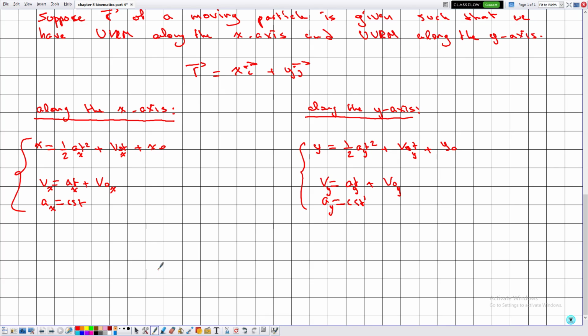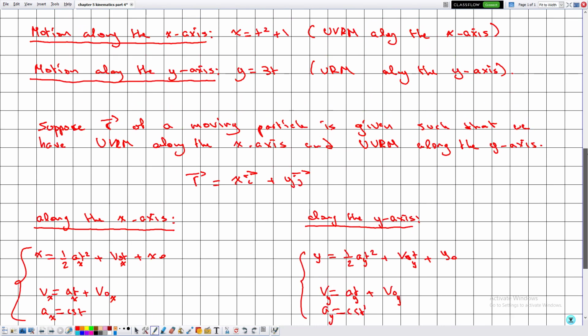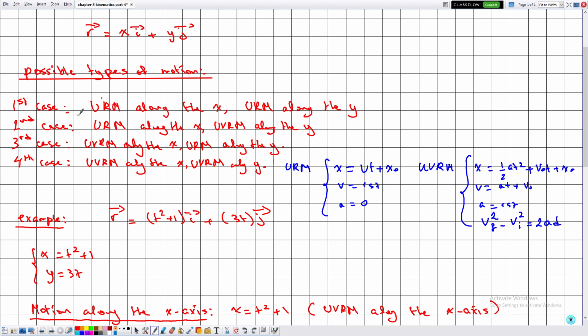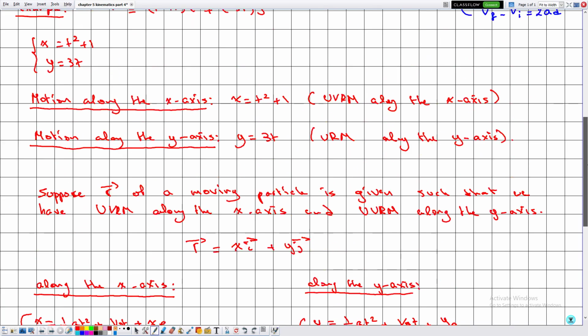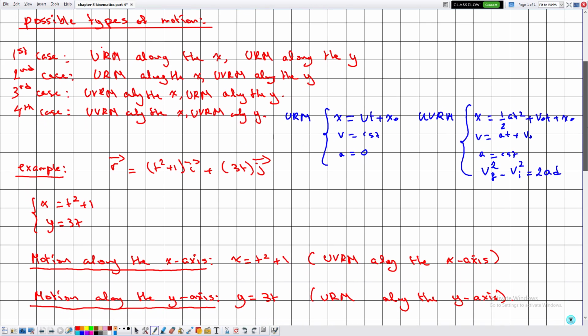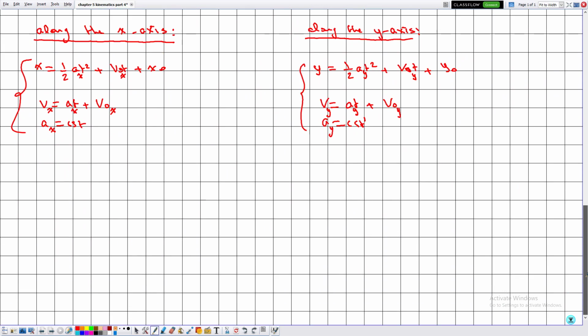Okay, now the same steps that we have done here, we could have done for all the 4 cases that are listed here. But what's more important is to know how to deal with these equations in an exercise. So let me consider exercise number 13.